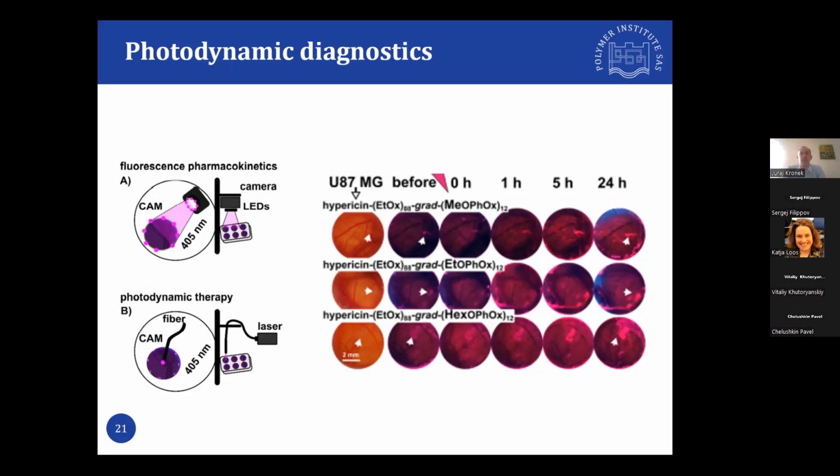You can see that upon time and irradiation, hypericin is accumulated in cancer cells, and in such a way we can diagnose the place of the tumor upon this aggregation of hypericin.